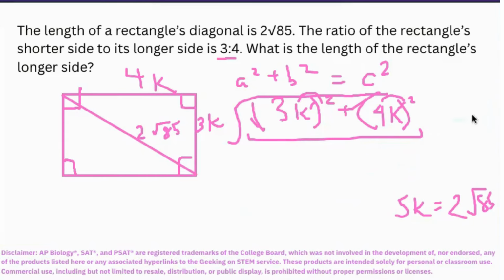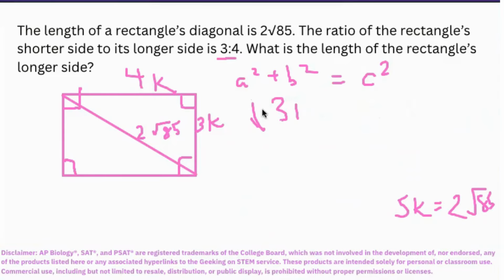So if I go to the next step, I'm going to erase what I have here to give myself some space. We solved that out. Now I'm going to say that 5k equals 2 square root 85.